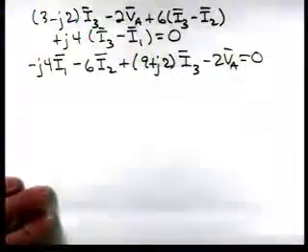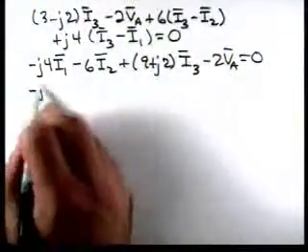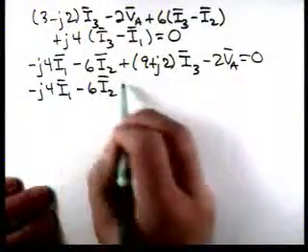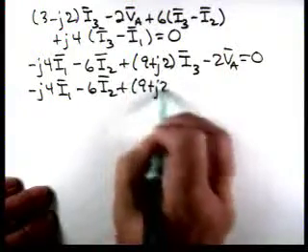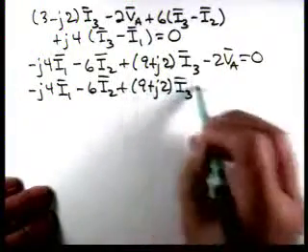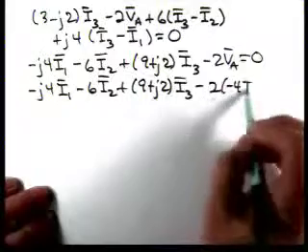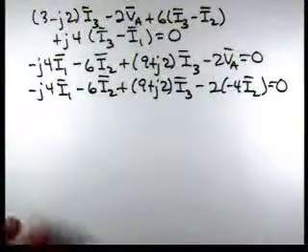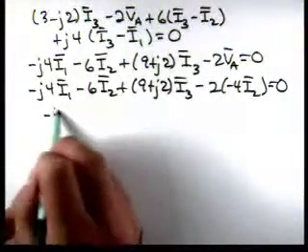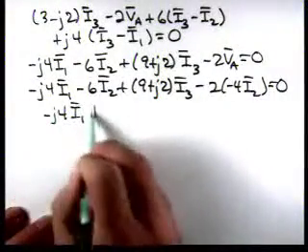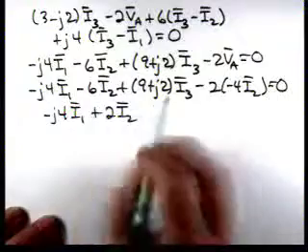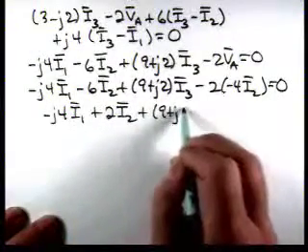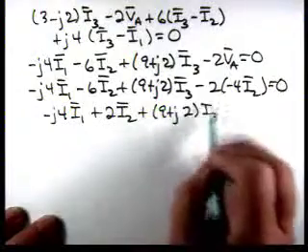If we make our substitution, we'll have minus J4 I1 minus 6 I2 plus (9 plus J2) I3 minus 2 times minus 4 I2. And this simplifies to minus J4 I1 plus 2 I2 plus (9 plus J2) I3 equal to 0.